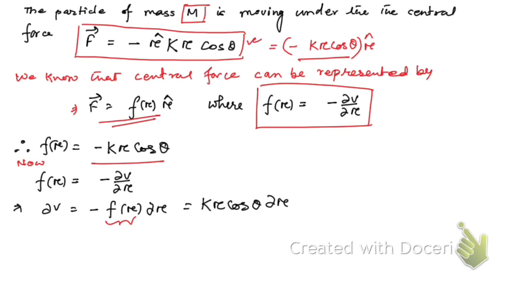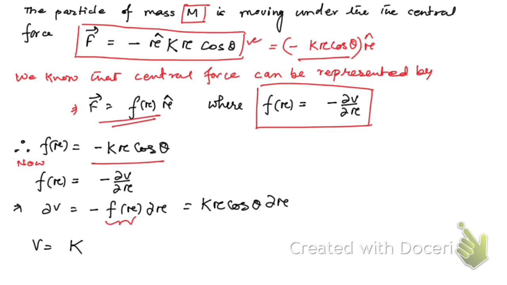So now let us integrate this. Integrating both sides, V will be equal to, the differential will be removed on integration, and here K r cos theta dr. K cos theta will be taken out of the integral because we are integrating with respect to r.